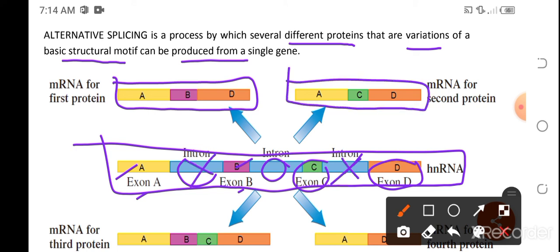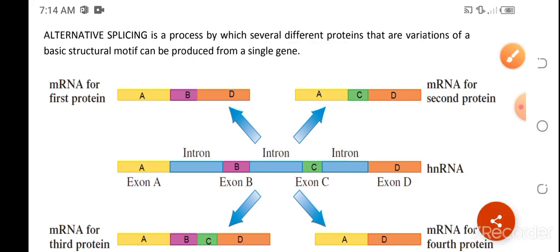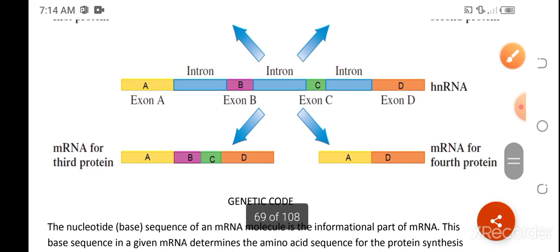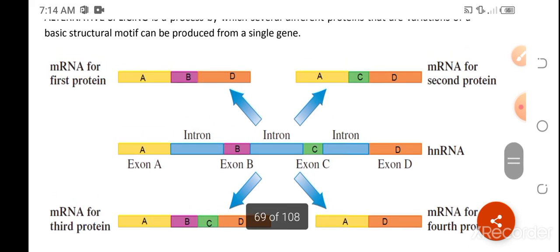Okay, the introns will be removed. Pwede rin din na mRNA that will direct the third protein will be A, B, C, D, and pwede rin din na AD. Okay, so as a recap, during transcription, under the direction of DNA, hnRNA will be produced.